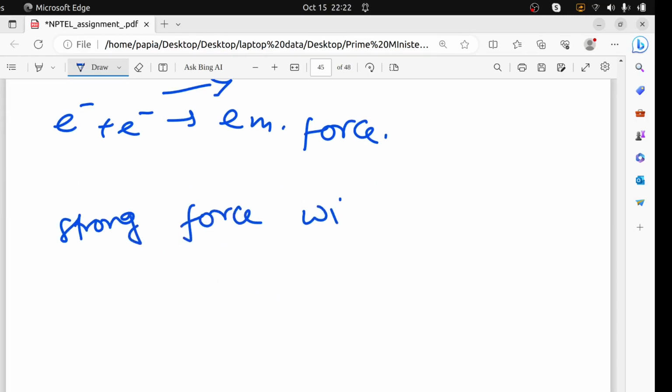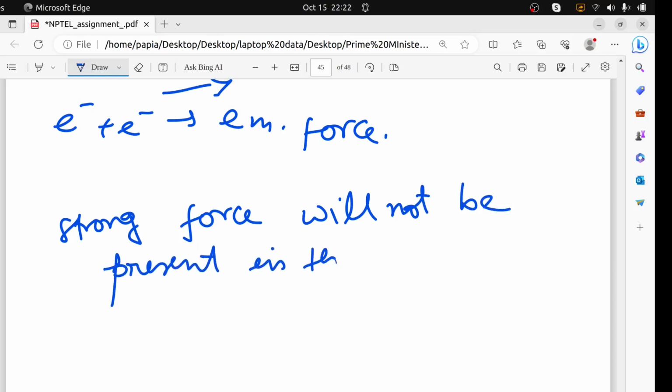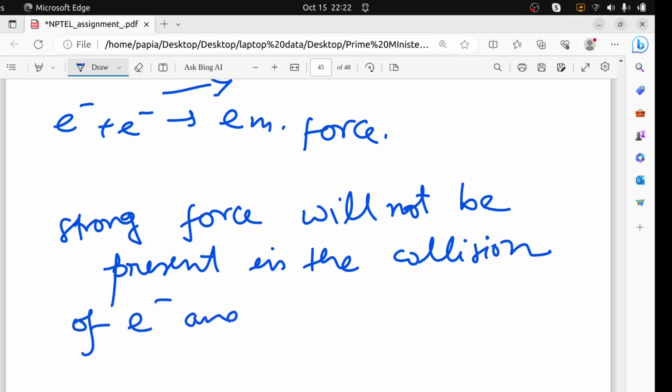Strong force will not be present in the collision of e minus and e minus. Why?